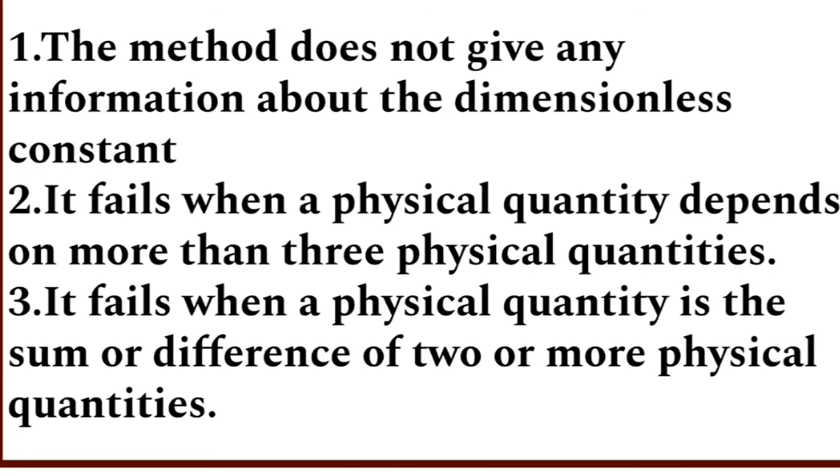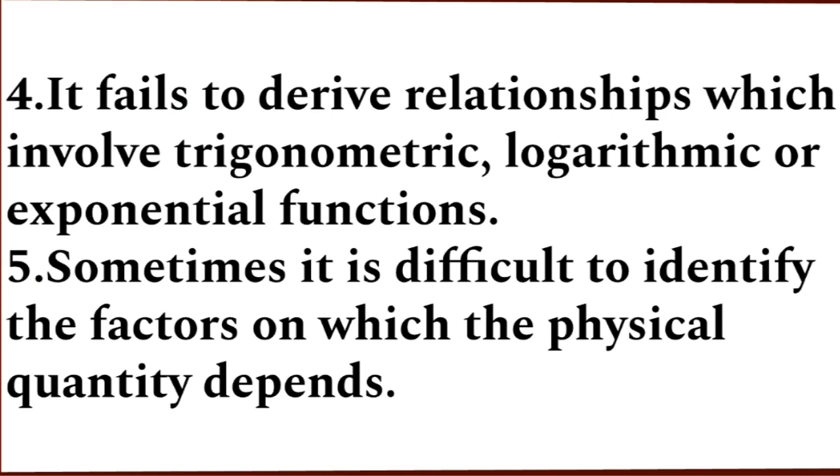And the third point, it fails when a physical quantity is the sum or difference of 2 or more physical quantities. The equations which we derived were in the form of a product, so only in that form will we get results with dimensional analysis. It's very difficult to get the form of sum or difference, so that is a drawback.